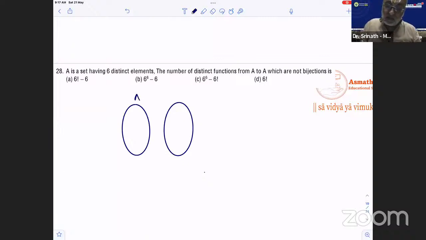See, A to A, there are 6 elements here. Here also 6 elements. Please note.